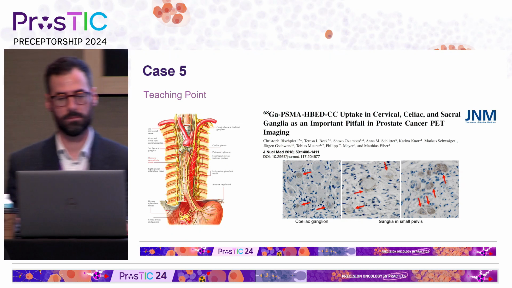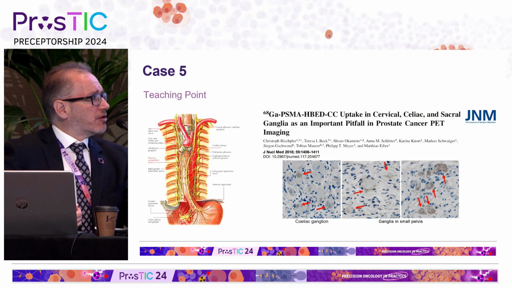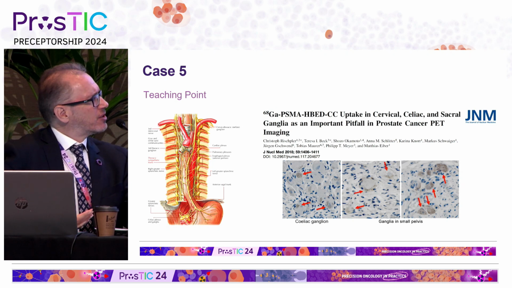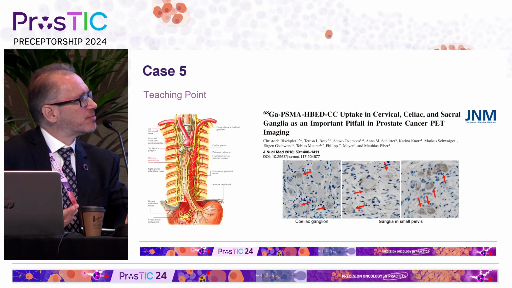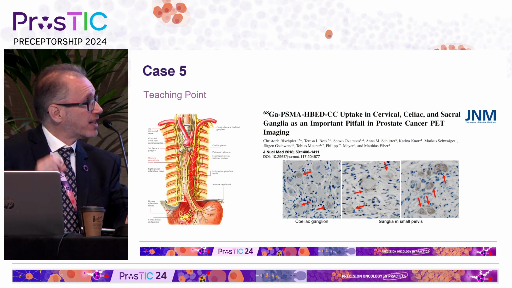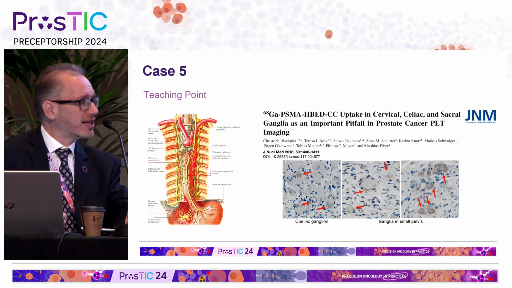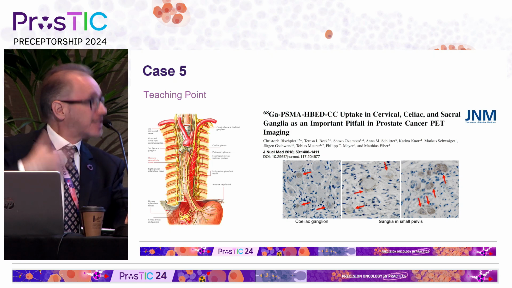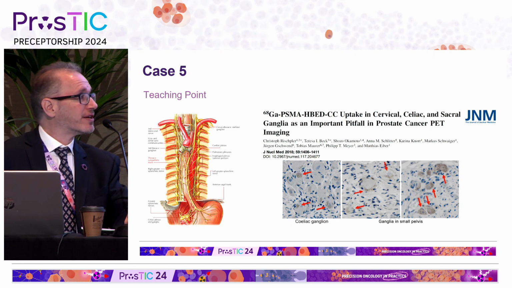What I found striking is that when we started noting this, about 8 years ago, no one really could see the celiac ganglions on the CT, but as a result of PSMA PET, everyone got very good at picking them, and they look a little bit like the adrenal glands. After you've seen it and it enters your brain, you see them on just about every CT scan, and on a lot of PET scans as well.